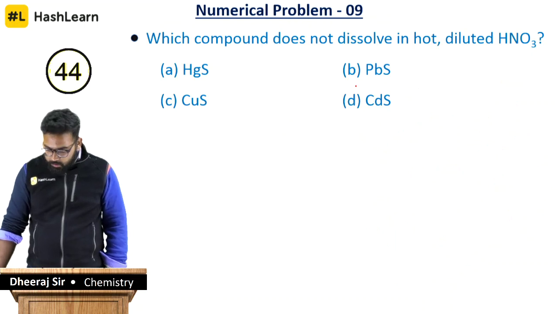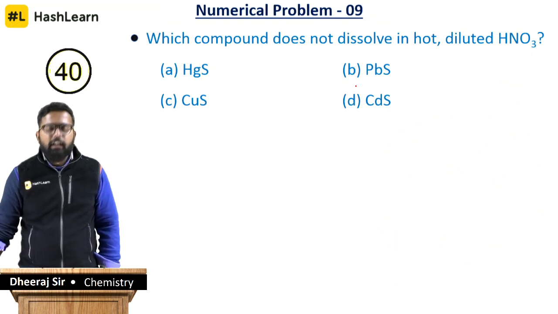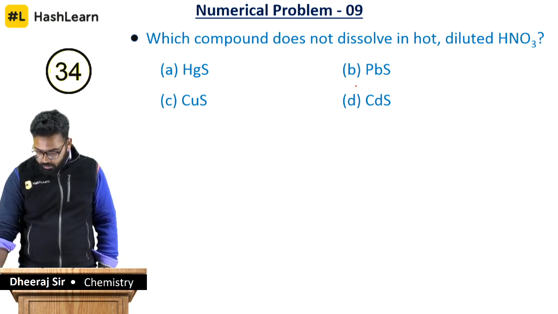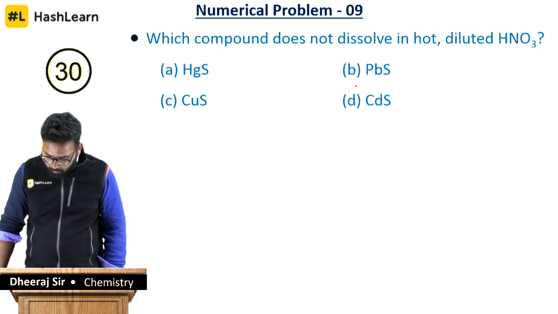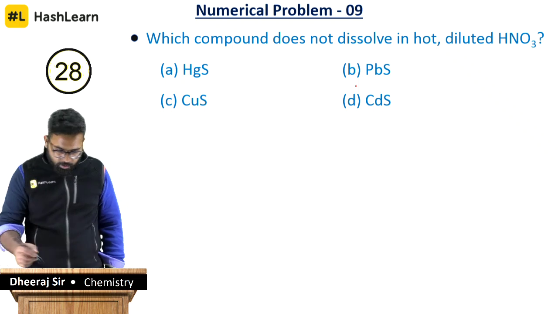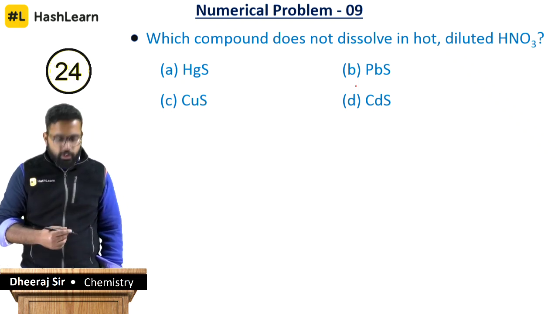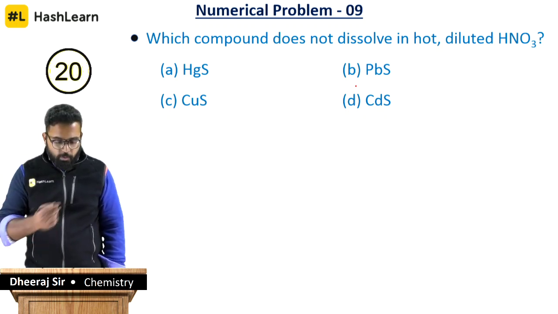So let us quickly look at the 9th question. The 9th question is pretty straightforward. Have a detailed look at it, guys. So we have a couple of more questions. Which compound does not dissolve in hot dilute HNO3? You don't need too much time to answer this question. We can get going. The time that we save here, maybe we can use that for the corresponding questions.